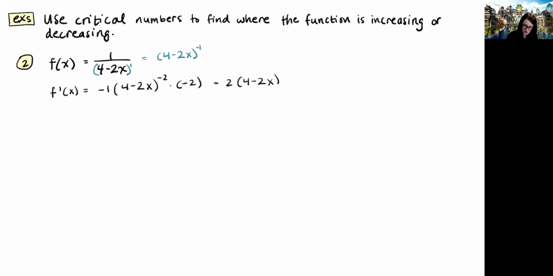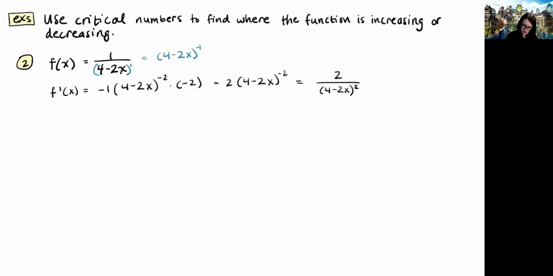And negative exponents are generally not too simple. So I would rewrite this with that 4 minus 2x in the denominator and make it +2 power. And up top, we have that 2 still hanging out from being multiplied right here. So that one stays up top, does not get to go down into the bottom.